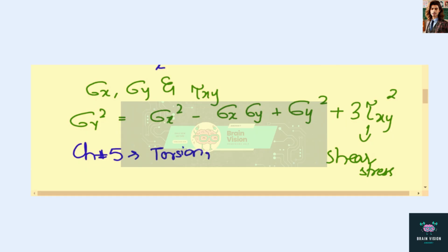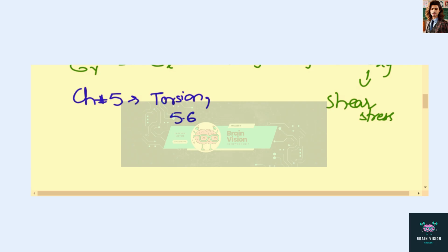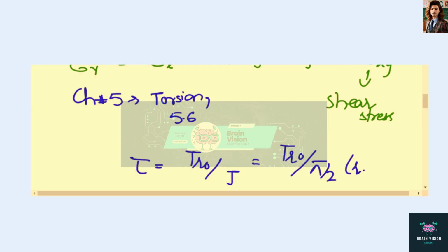From chapter 5 we use equation 5.6, which gives tau equal to T times r naught divided by J, and that is equal to T r naught divided by pi over 2 times r naught to the power 4 minus r i to the power 4.